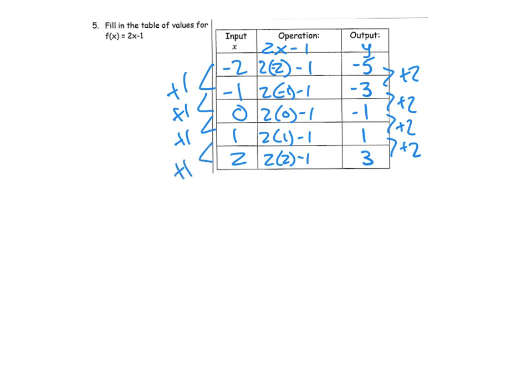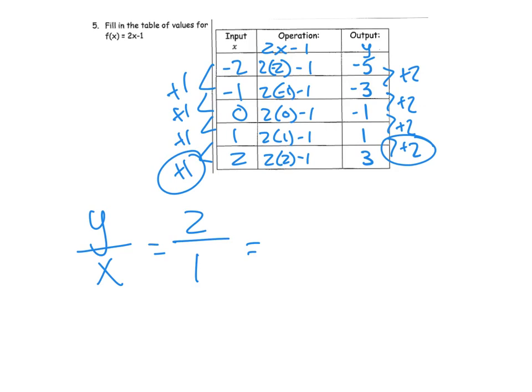So is it X over Y or is it Y over X? Rate of change, Y over X. My change in Y is positive 2, and my change in X is a positive 1. So my rate of change is 2.